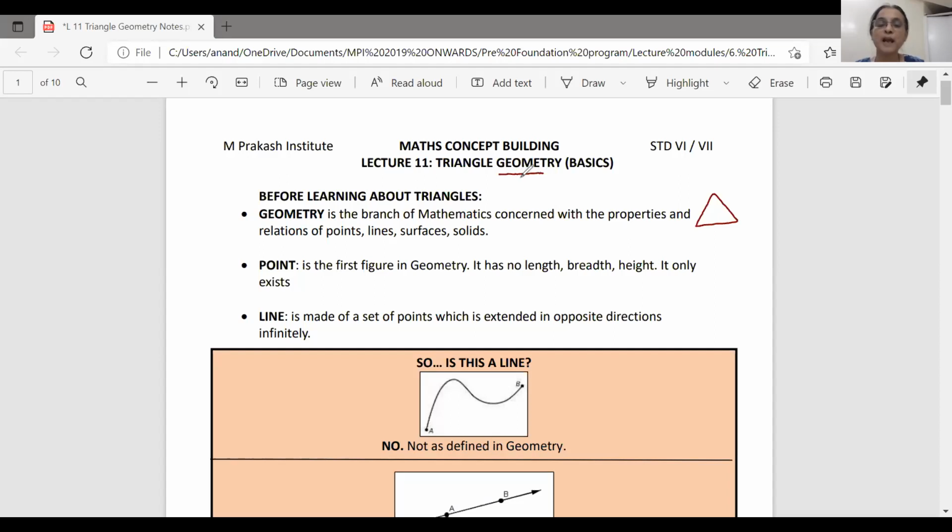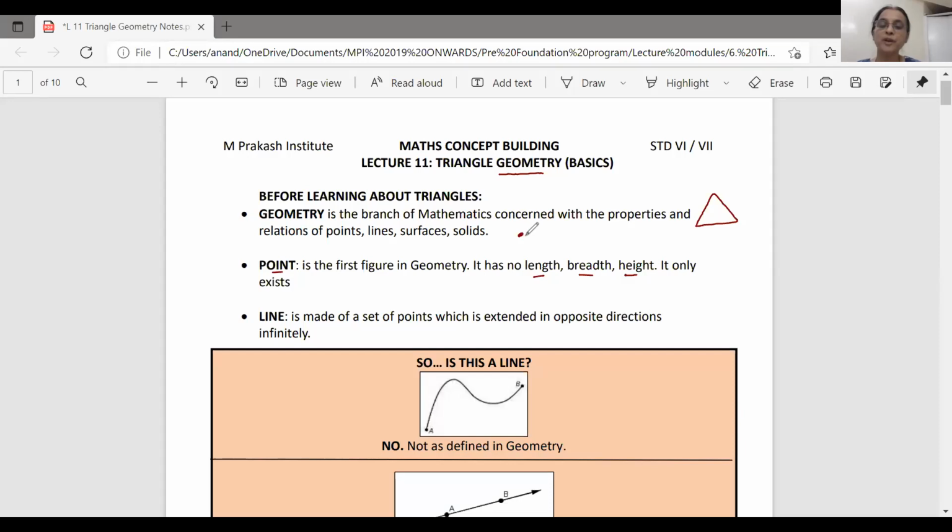It is that branch of mathematics that talks mainly about different figures, which may be 0 dimension, like a point, which has no length, no breadth, no height, but it exists, just a dot. So we can say point is the very first figure in geometry.